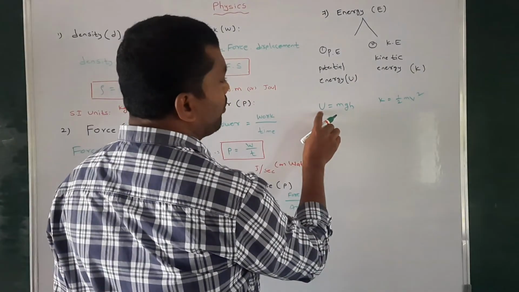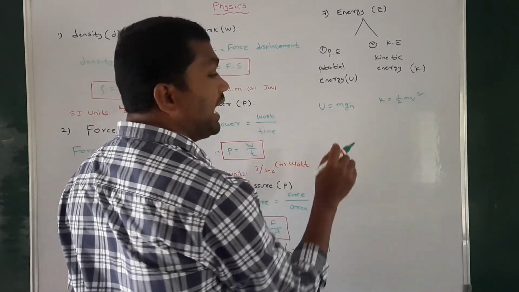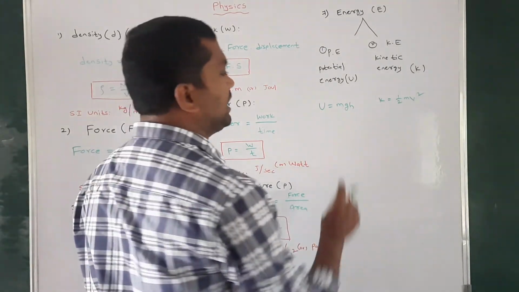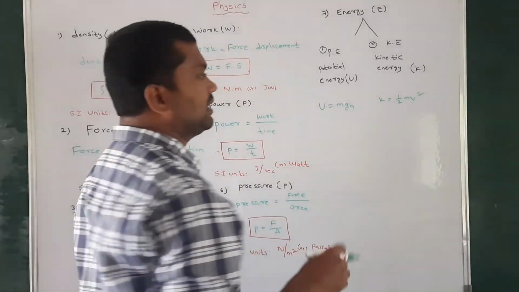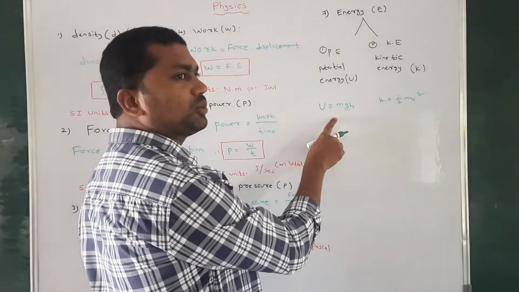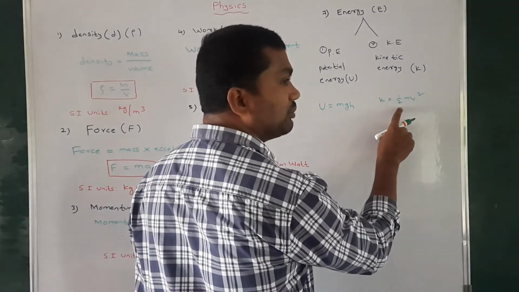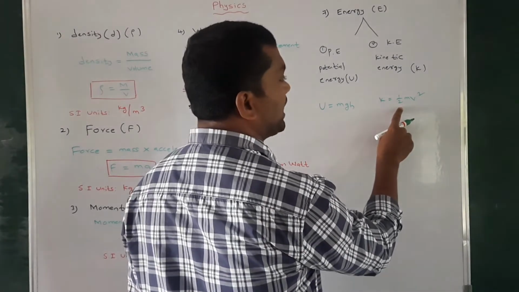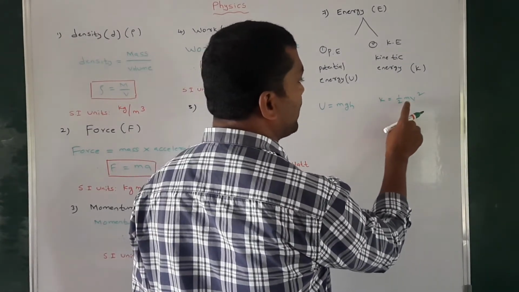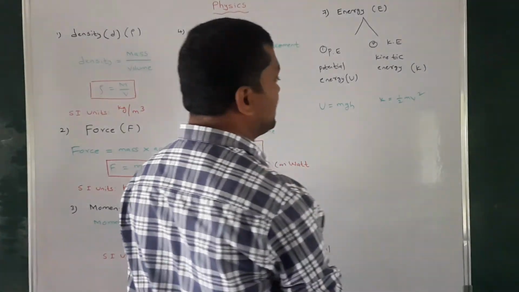U is potential energy, m is the mass of the body, g is acceleration due to gravity, h means height. When the object is in a stationary state or rest position, it has potential energy. When the object is in motion, it has kinetic energy, half mv square. m is the mass of the object, v is the velocity.